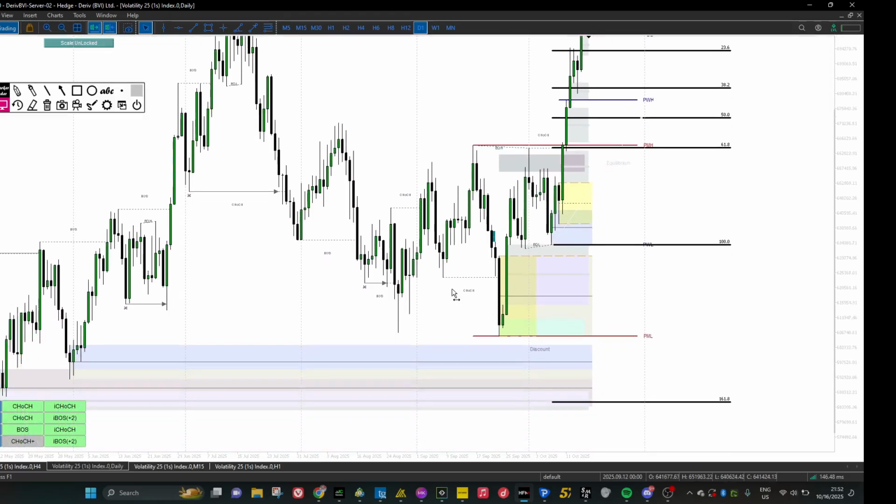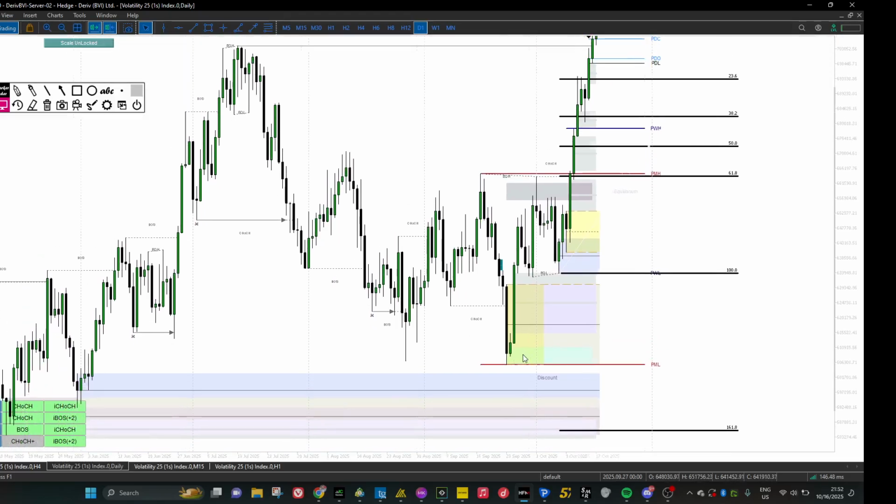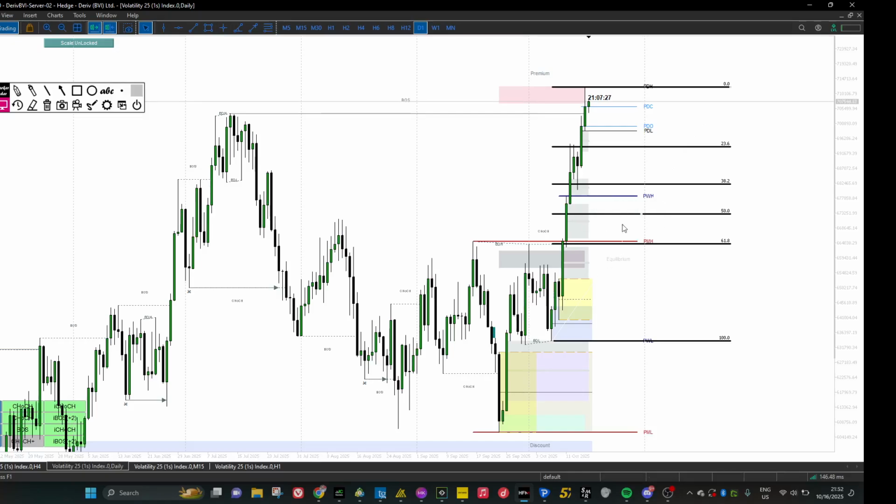It depends on what you use, but anywhere in here would be considered discounted prices, and I see where we could make some decent gains to continue higher, or we could just continue going because that's how these pairs tend to trade, just continue going higher and higher, you know.